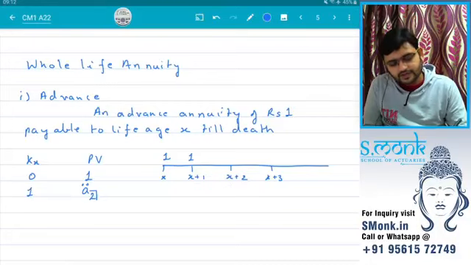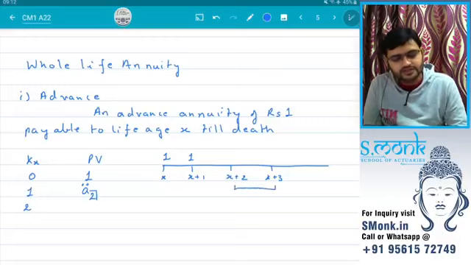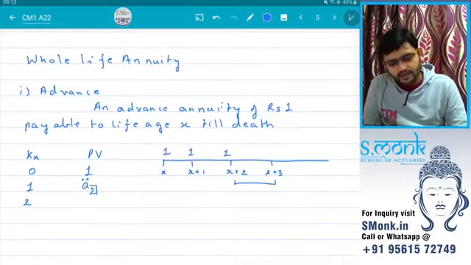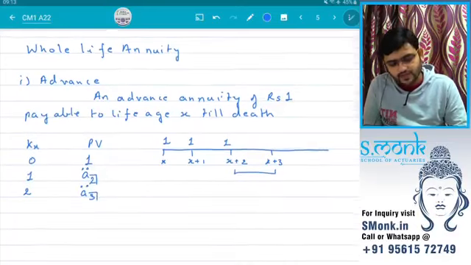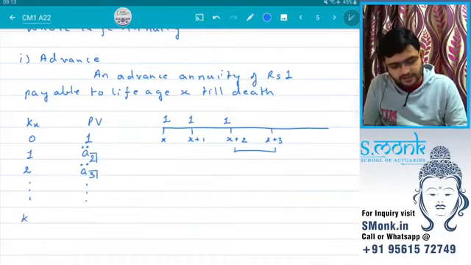Similarly, if the death occurs in the third year, that means the person survived for 2 years and died within the third year, then 3 payments were given. This becomes nothing but a due 3. So if the person survives for K years, the present value is a due K plus 1.